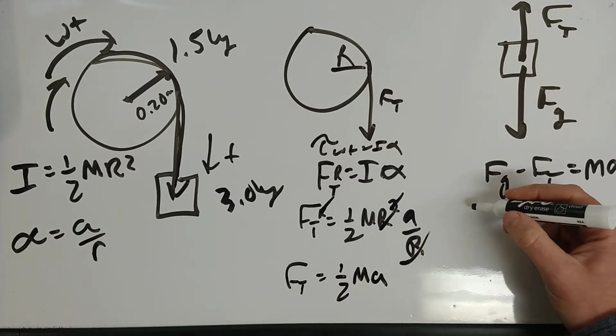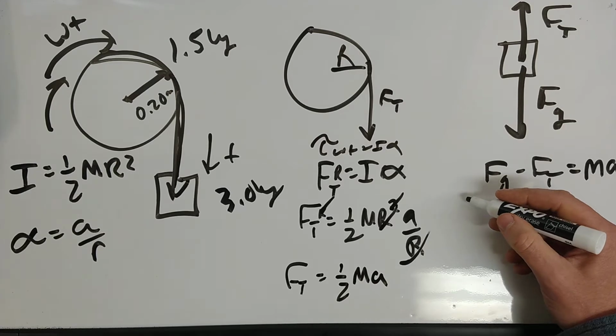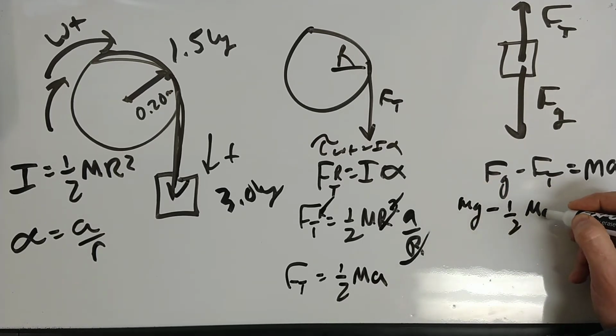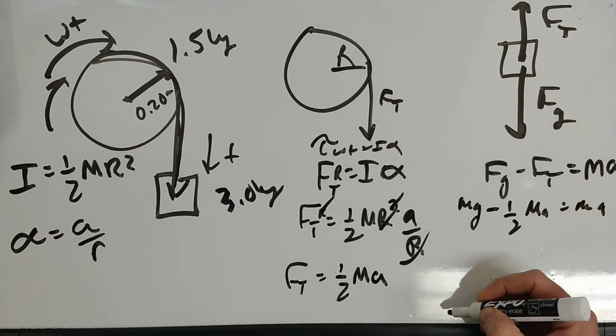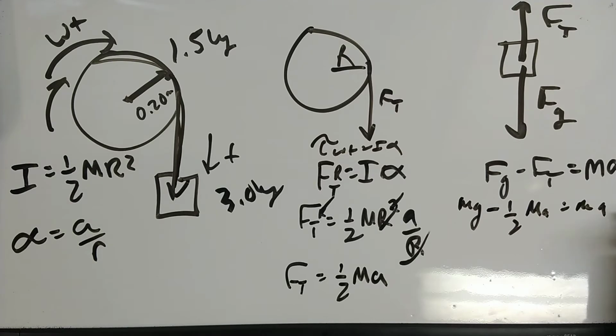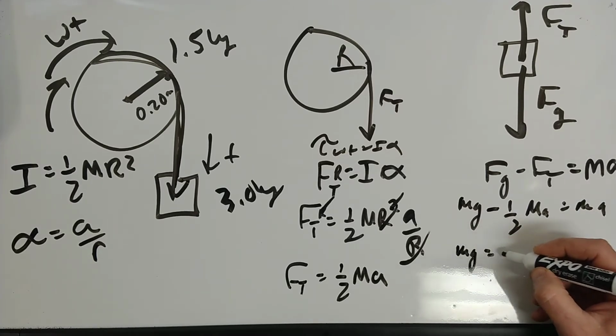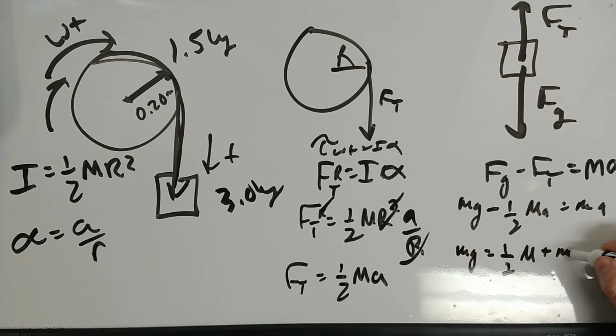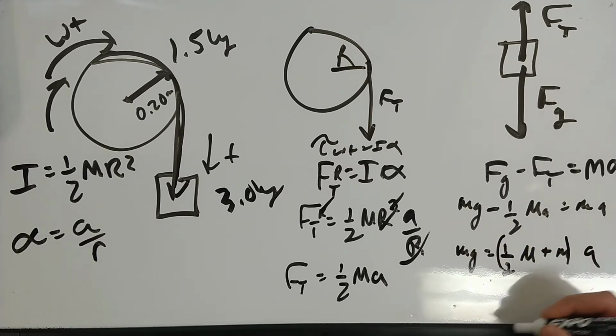So put it all together over here. We get little mg minus 1/2 big Ma equals little ma. All right, now we're solving for a, so we bring this over here. We get mg equals 1/2 big M plus little m times a.